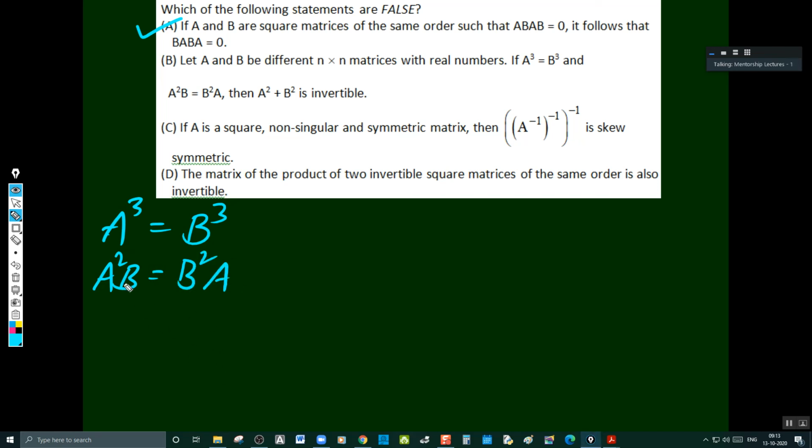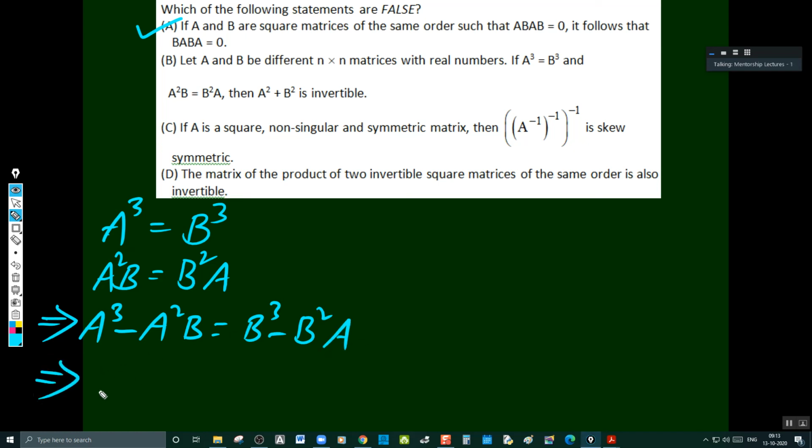Implies A cube minus A square B is equal to B cube minus B square A. And thereby I can write A cube minus B cube minus A square B. Of course, you can write this directly also. Because both are same, I am forming an equation. Both are equal. A cube is equal to B cube, A square B is equal to B square A. I am forming an equation.